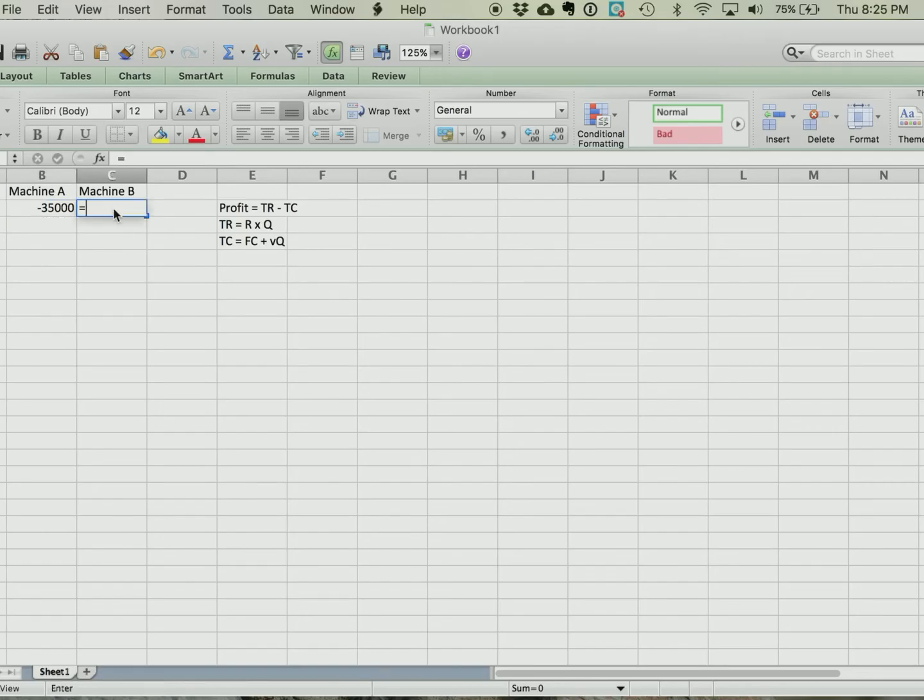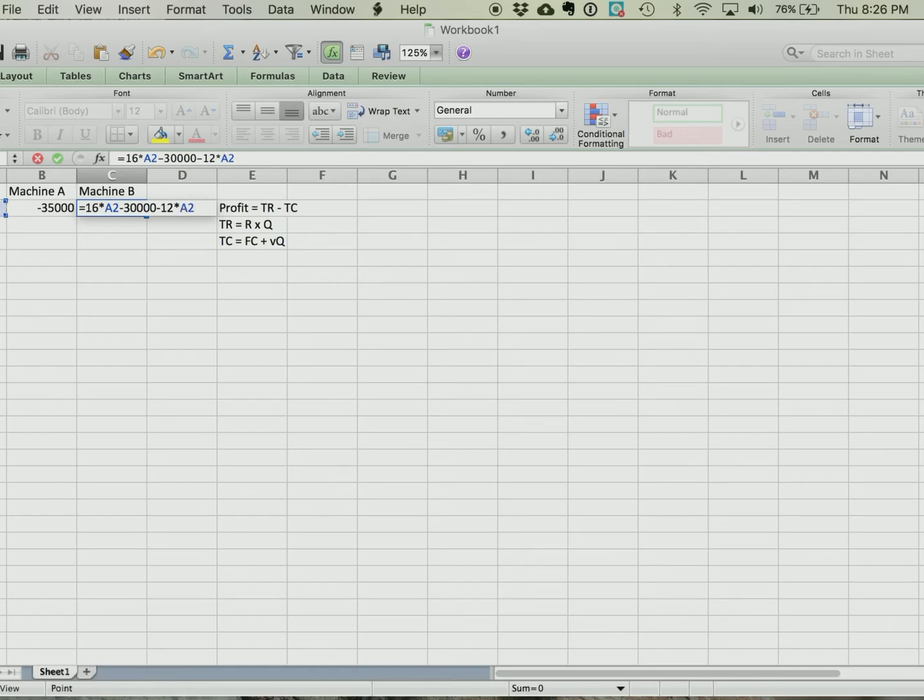All right, we need a formula for machine B. Again, total revenue: in this case it was $16 per unit, so 16 times the quantity. And now we need to subtract the total cost, which includes a 30,000 fixed cost. Remember that the negative has to go to both of those costs, minus $12 per unit times the quantity.